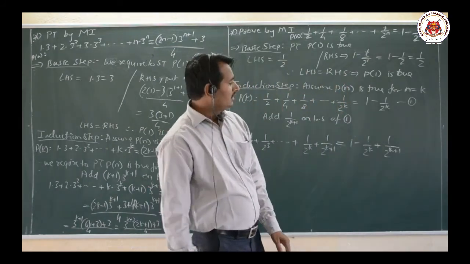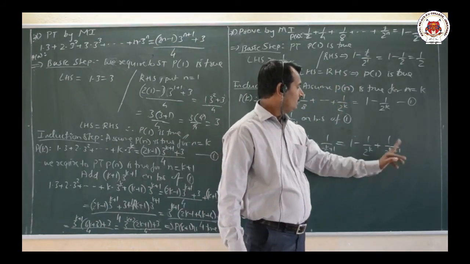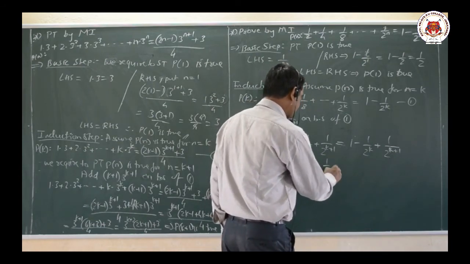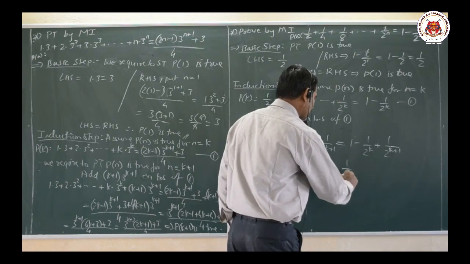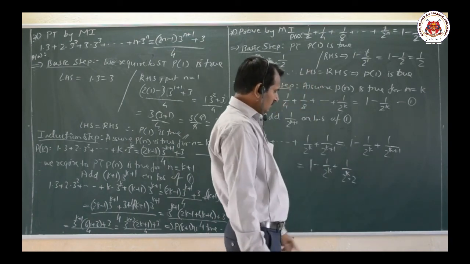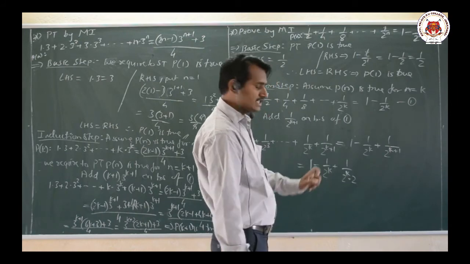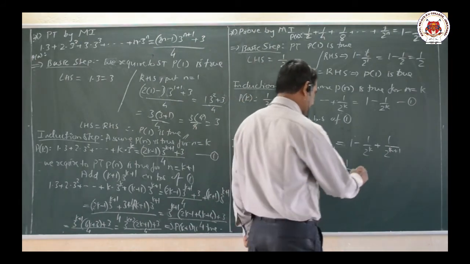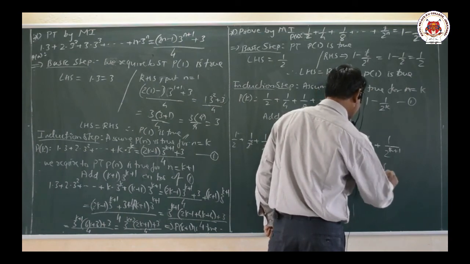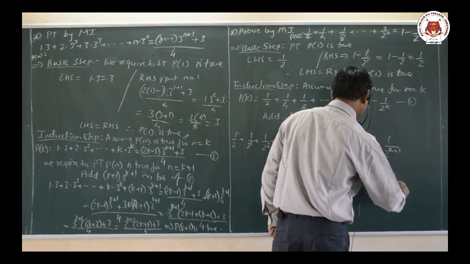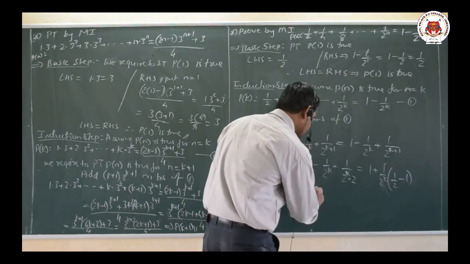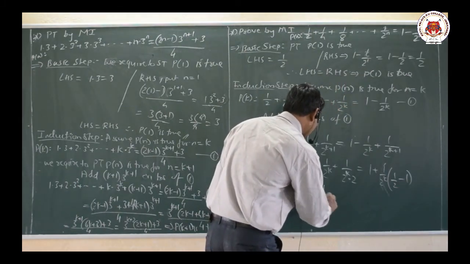Now here what can I write? 1 divided by 2 raised to k plus 1, can I write as 1 minus 1 divided by 2 raised to k into 2 here. Now here, half minus 1. So what we get? If I take 1 by 2 raised to k outside, 1 by 2 minus 1, that is half minus 1, that is nothing but minus half, which is equal to 1 minus 1 divided by 2 raised to k.